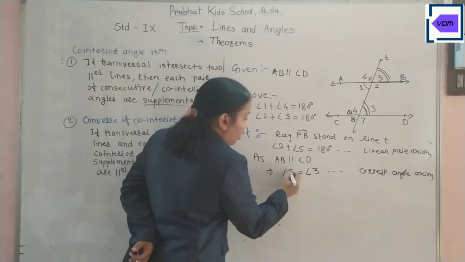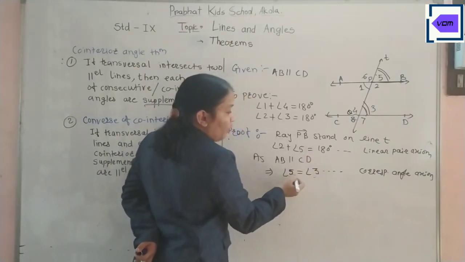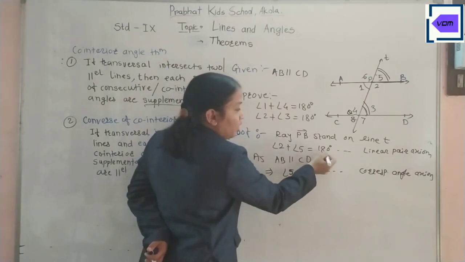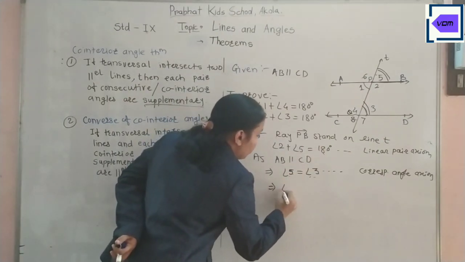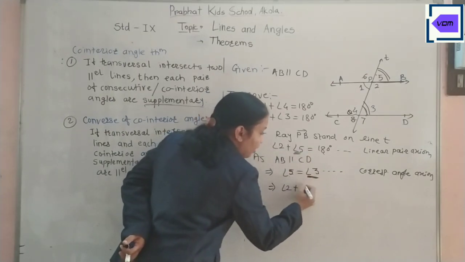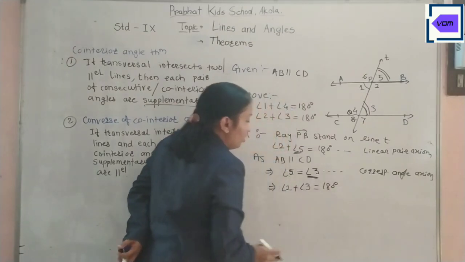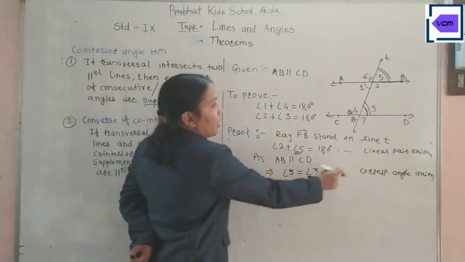Now, as angle 5 equals angle 3, put this value into this equation. What do we get? Angle 2 plus, instead of angle 5 we write angle 3 because both have equal measure, that is 180 degrees.